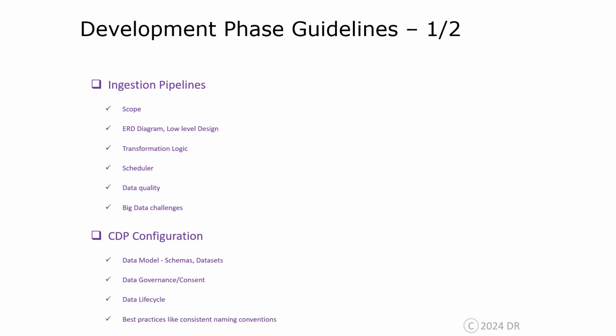The next one is CDP configuration. So one is how you are going to bring data into the CDP. That is one piece that you have to work on in the development phase. The second phase is how you configure your customer data platform.